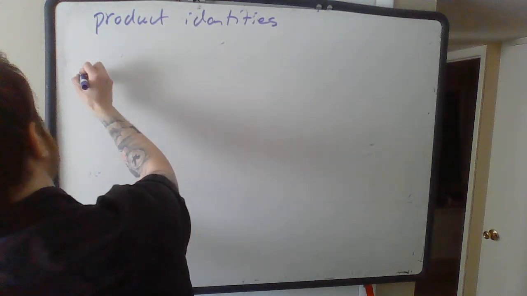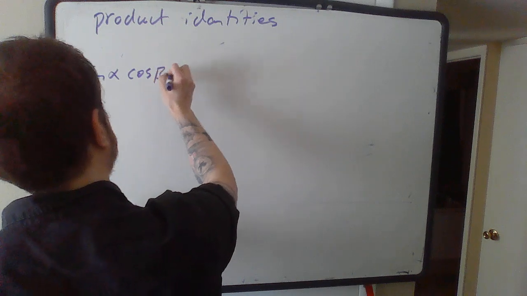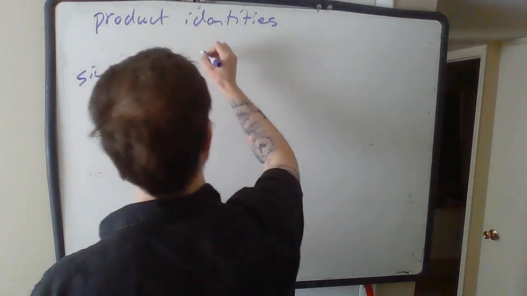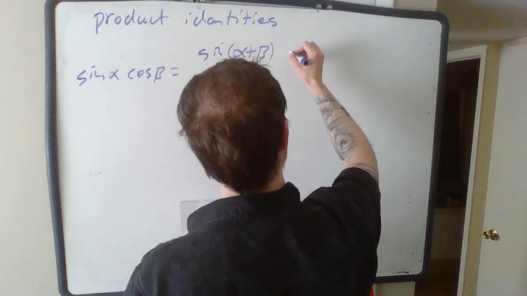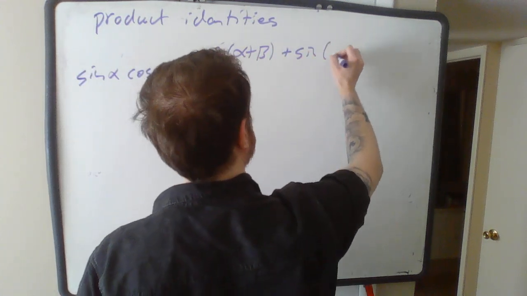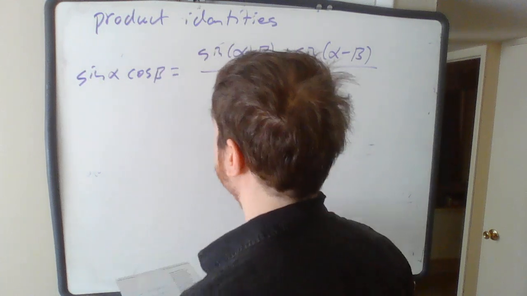So what you find is that the sine of alpha times the cosine of beta is equal to sine of alpha plus beta plus sine of alpha minus beta, all divided by 2.